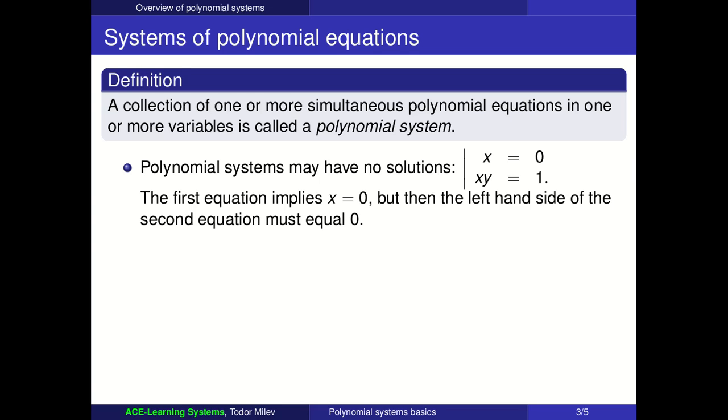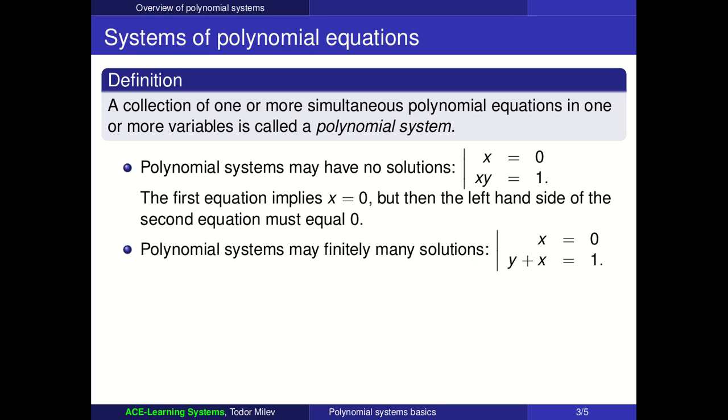Now the first equation clearly implies that x is equal to 0, but then the left hand side of the second equation is 0 times y, and 0 times y is always equal to 0. So no matter what we choose for y, we can never satisfy the second equation. So the second equation will never be solved. So that polynomial system would fail to have any solutions.